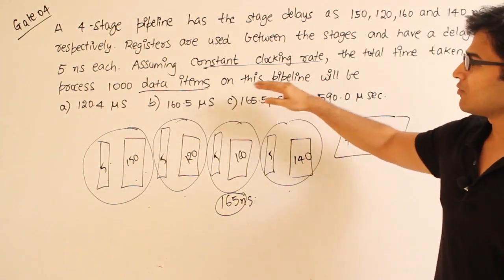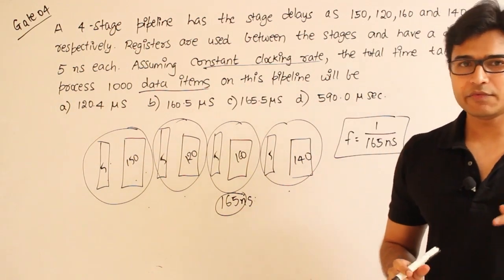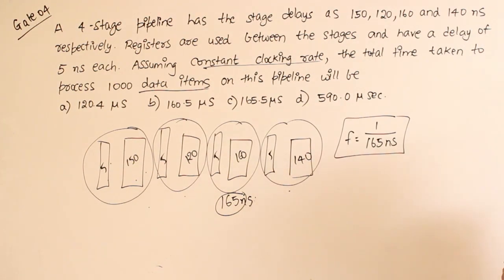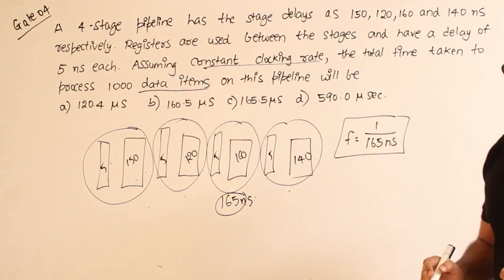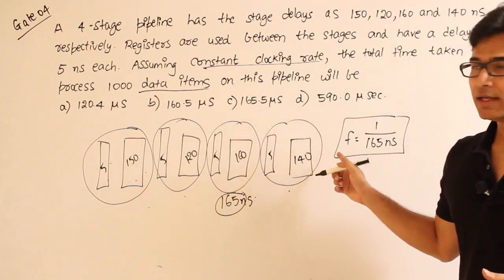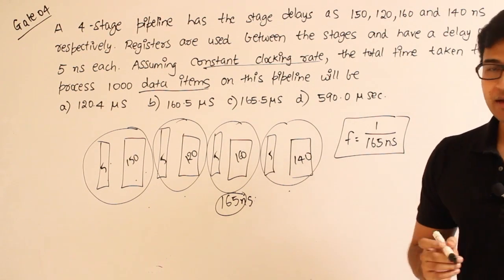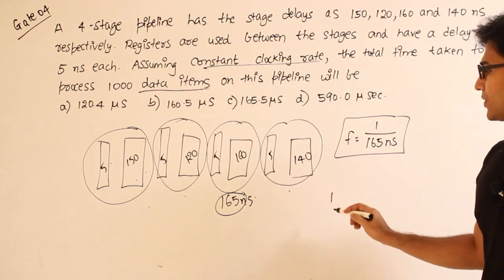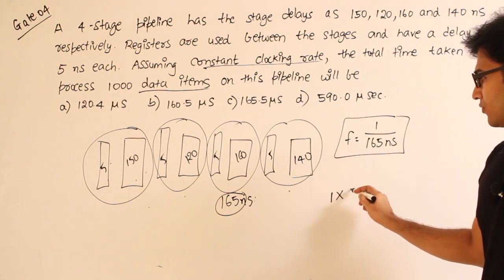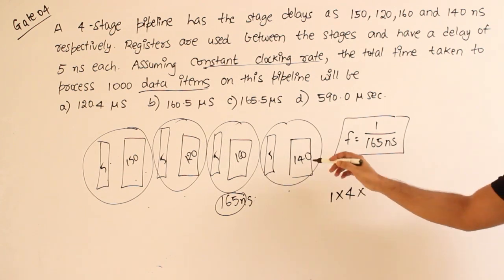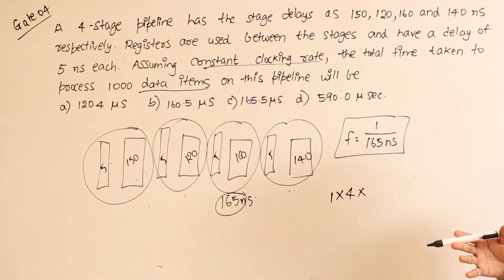So let us assume that they wanted to execute 1000 instructions. In order to execute 1000 instructions, the first instruction will come out after passing through all the phases. Since there are 4 phases, for the first instruction to come out, it is going to take 4 phases, and each phase we have applied the constant rate.